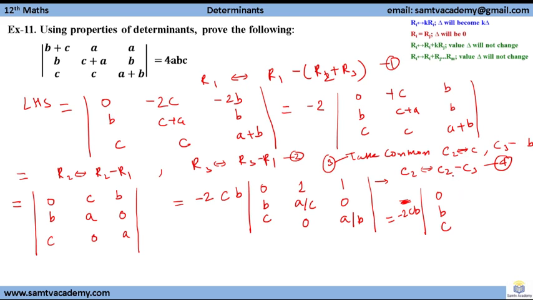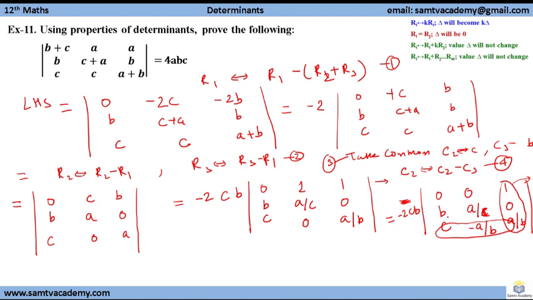Second column if you subtract, first element will be 0 and C2 minus C3, so A by C will be written as it is, A by C, and this will become minus A by B. Third column also we can write as it is, A by B. Now if you are having two zeros here, you can expand it along this.